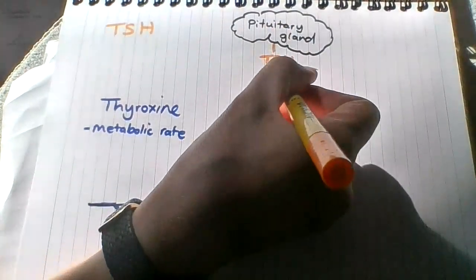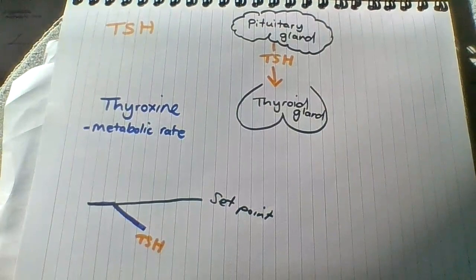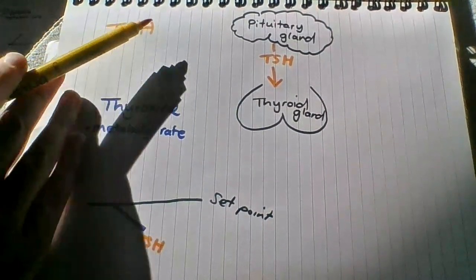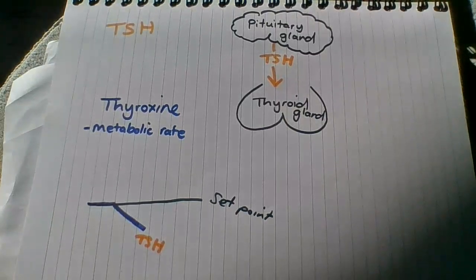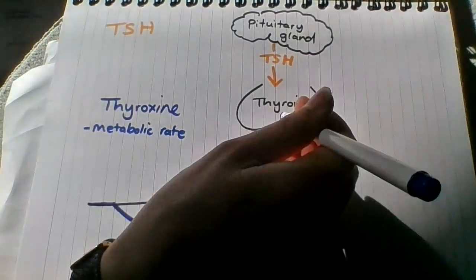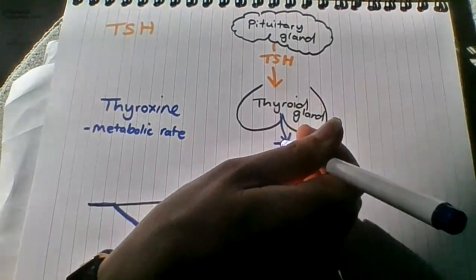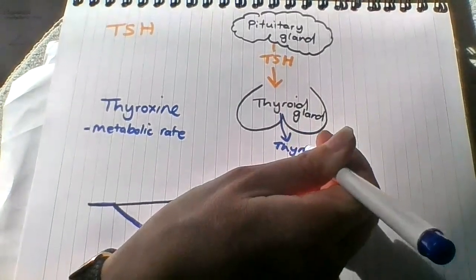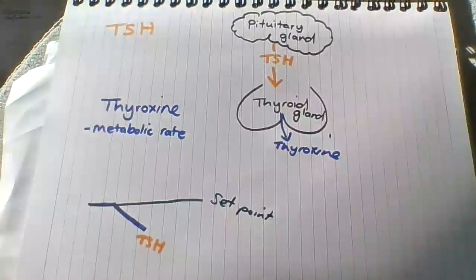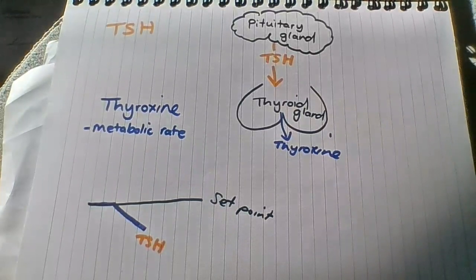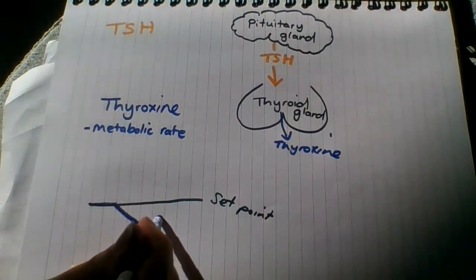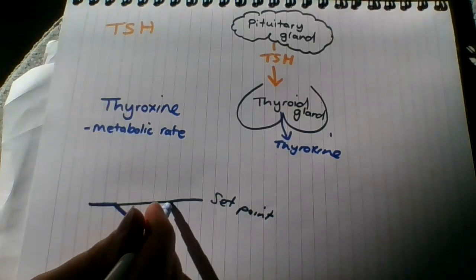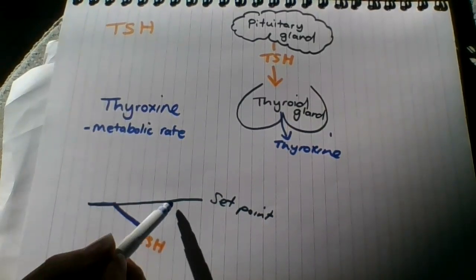And the TSH, as the name suggests, the thyroid stimulating hormone, stimulates the thyroid to do what? To release thyroxine. And by releasing that thyroxine, TSH has done its job, which brings it back up to its set point.